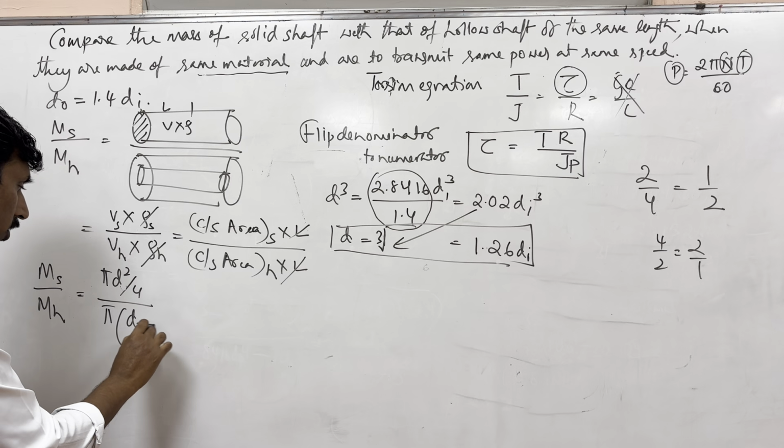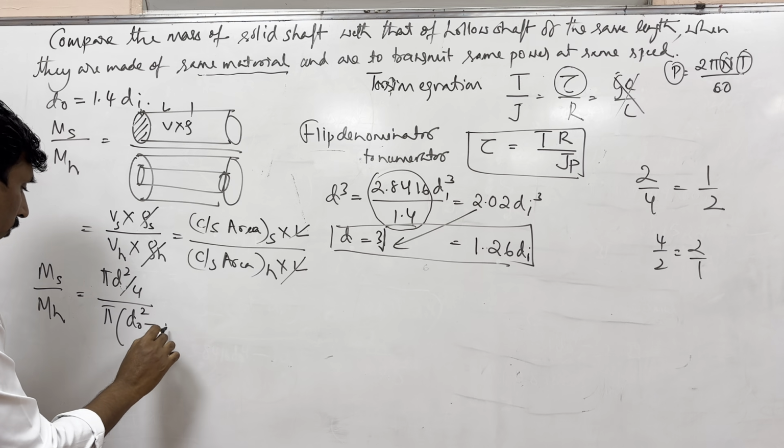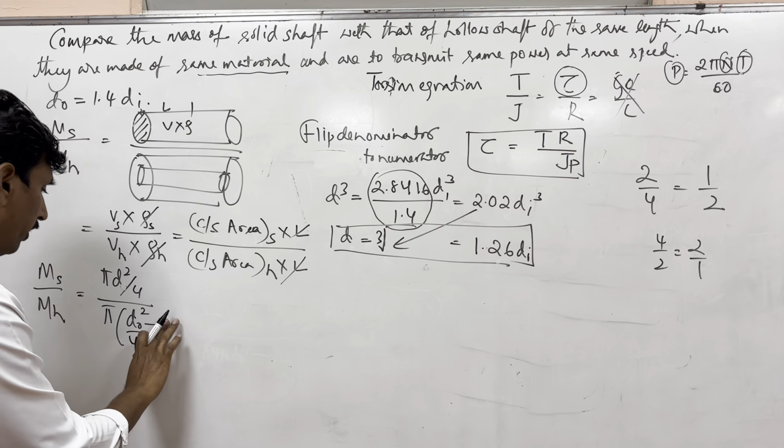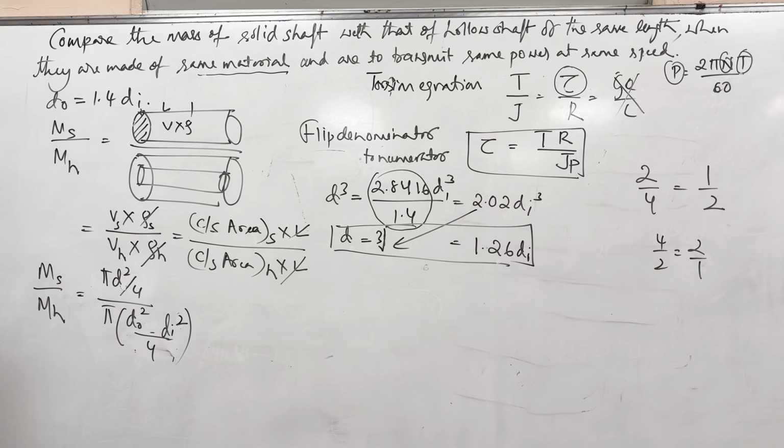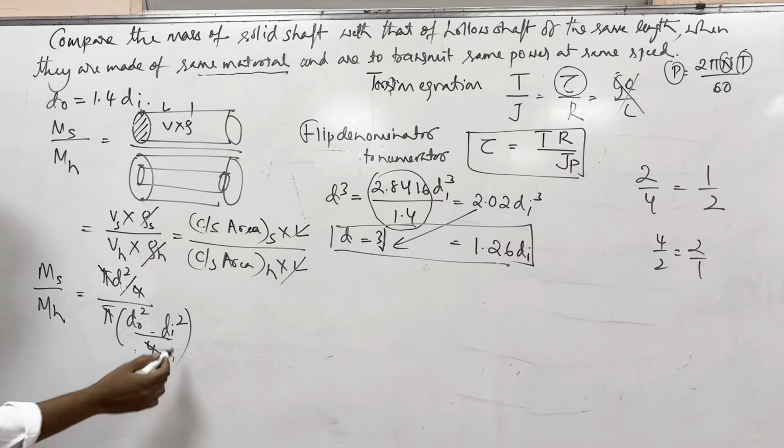For the hollow shaft, it is pi d naught square by 4 minus di square by 4. Here pi by 4 and pi by 4 cancel out. So what is left is d square divided by d naught square minus di square.